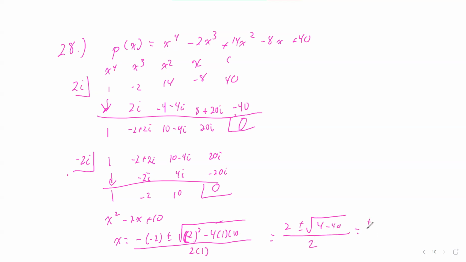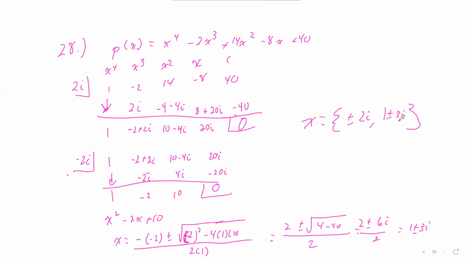And then that would give me 2 plus or minus the square root of negative 36. That would be 6i over 2, which will then be 1 plus 3i. So you have 4 imaginary answers. You've got plus or minus 2i and 1 plus or minus 3i.